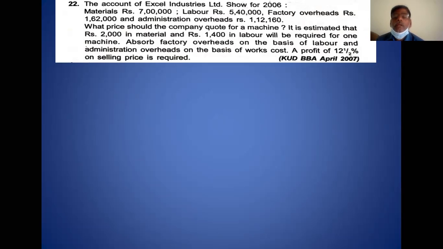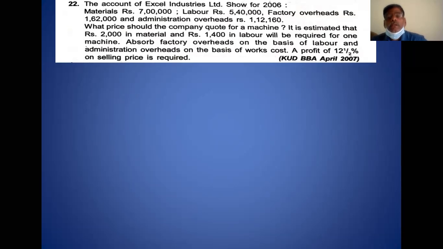It means the relation between factory overhead and labor is the same. Then administration overhead on the basis of work cost. A profit of 12 integer 1 by 2% on selling price is required. They have given the information relating to 2006.